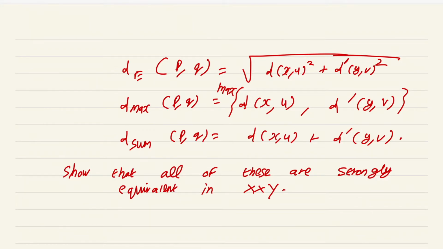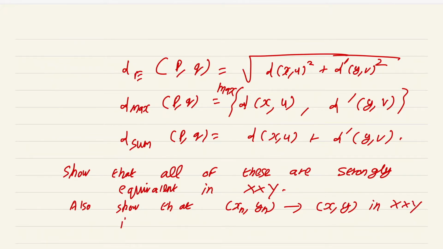Okay, now there is another property which is interesting with this choice of metrics. Also show that (x_n, y_n) converges to (x, y) in X cross Y if and only if x_n converges to x in X and y_n converges to y in Y. This is true under any of the three metrics that we have defined.